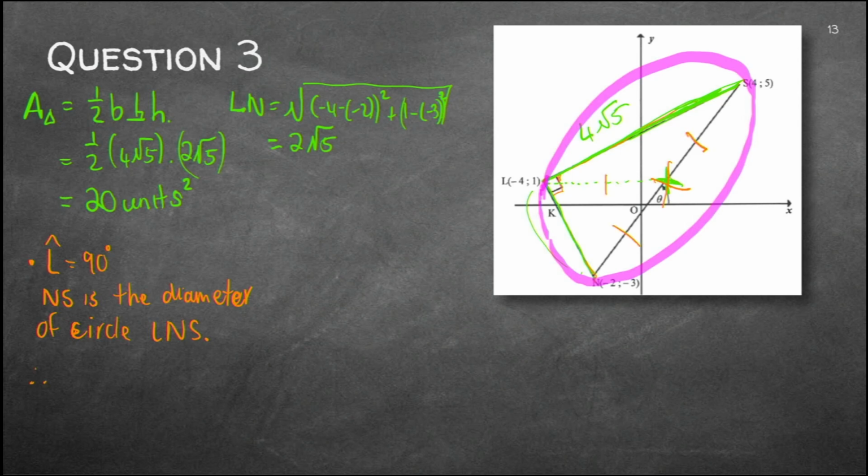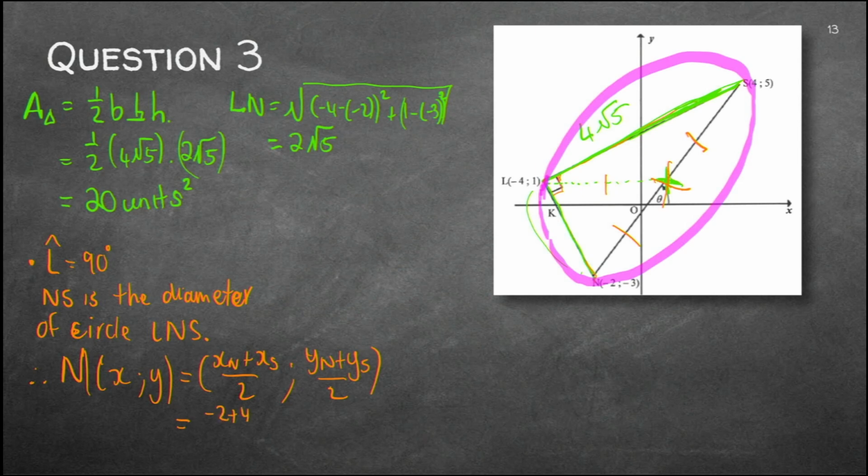So the midpoint or the coordinate of P would be the same as saying the x of N plus the x of S over 2. Then the y of N plus the y of S over 2. Substitute it in, negative 2 plus 4 over 2, and you get 5 minus 3 over 2.